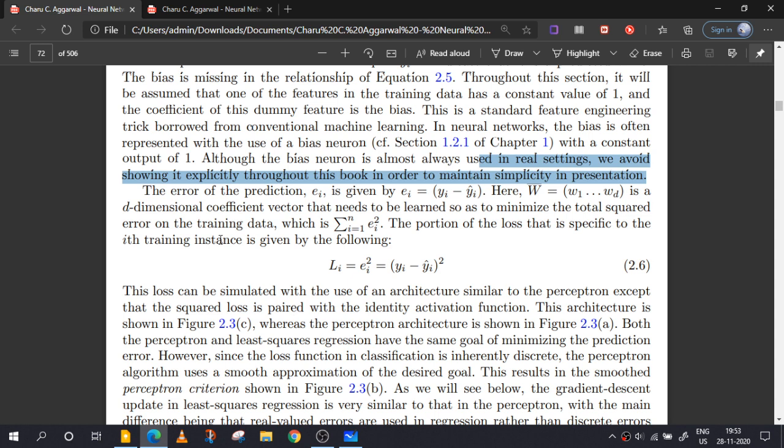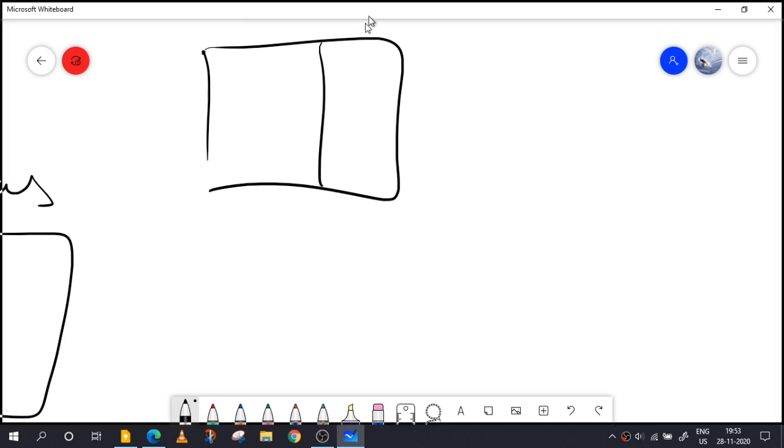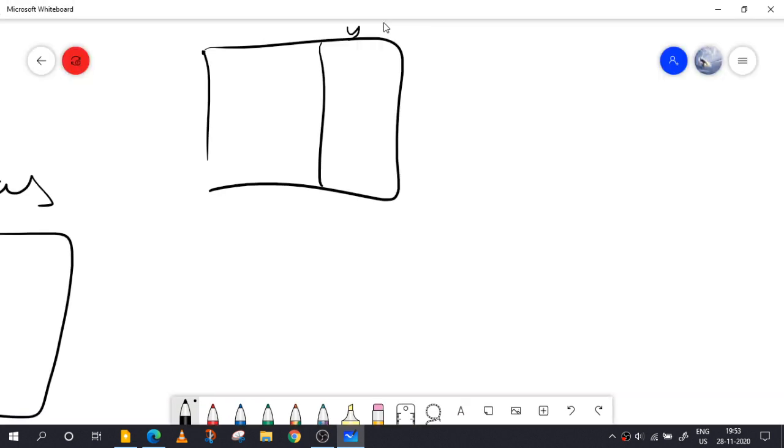The error of prediction e_i is given by e_i = y_i minus y hat. What he means by error took me some time to understand, even though it's simple. You have your data, x1, x2, x3, and you have y.